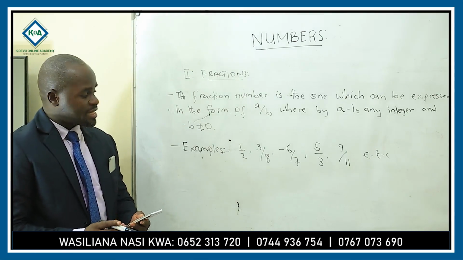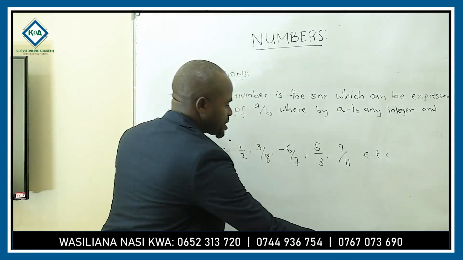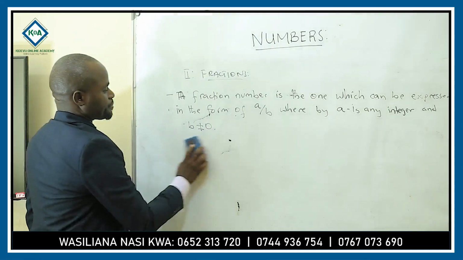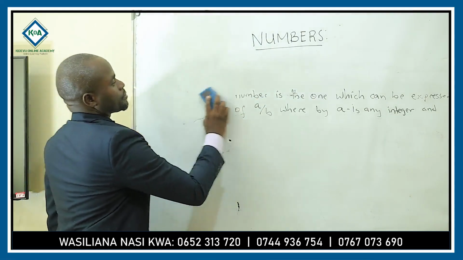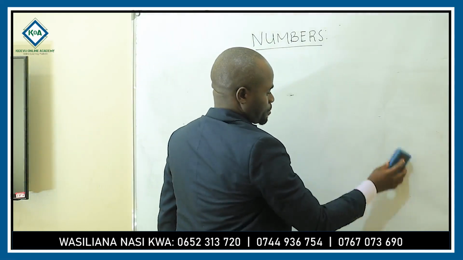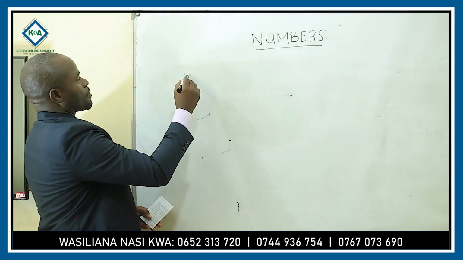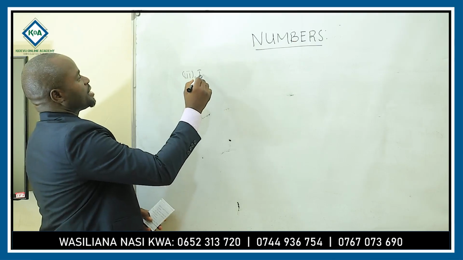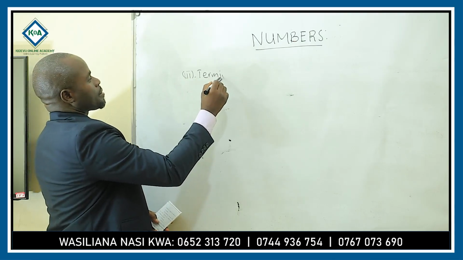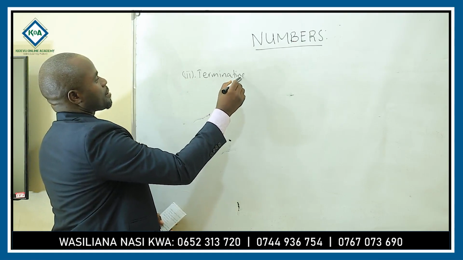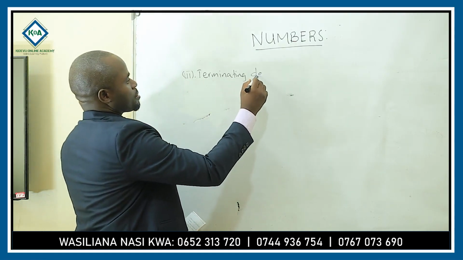Then we have terminating decimals. The third group is terminating decimals.